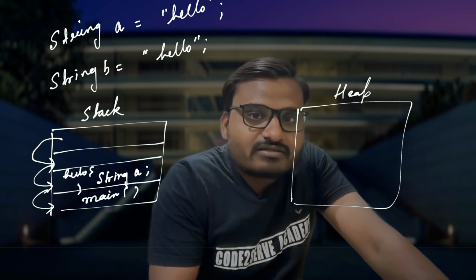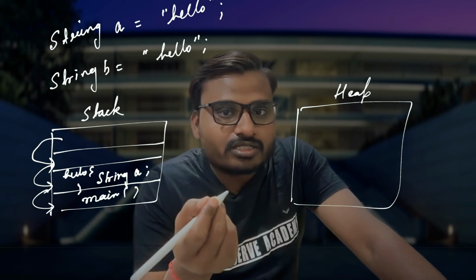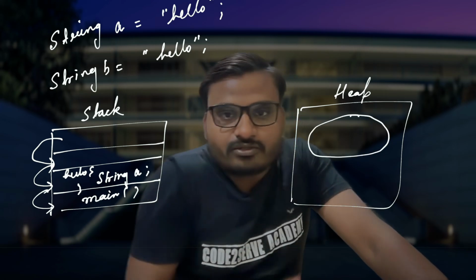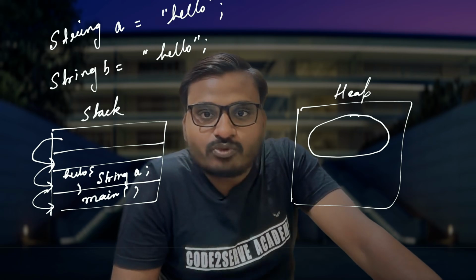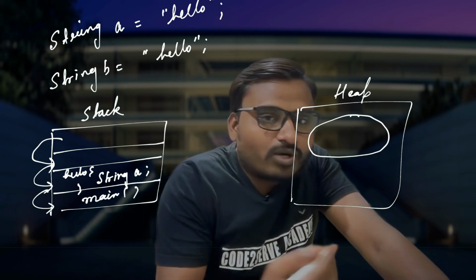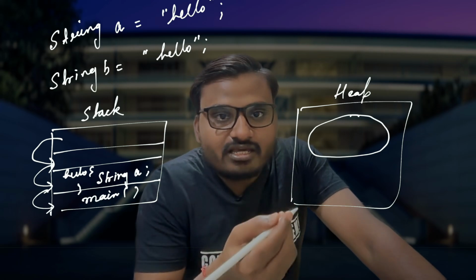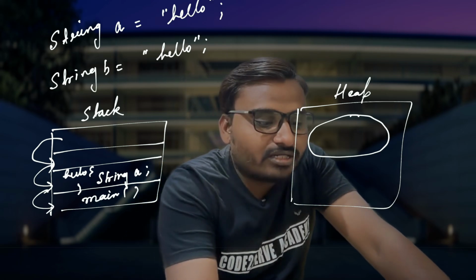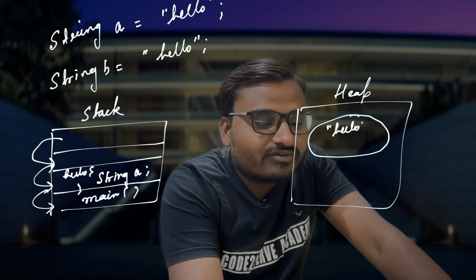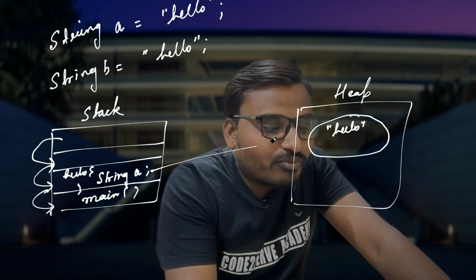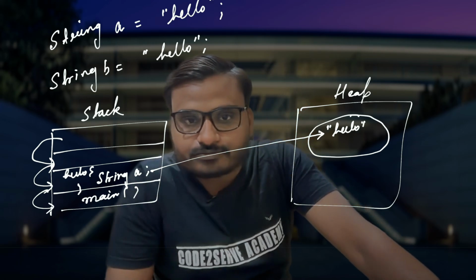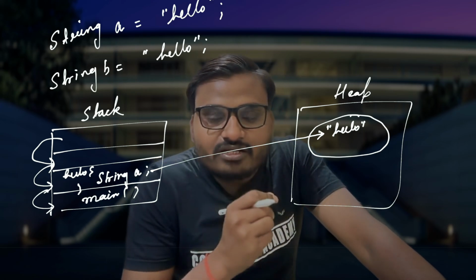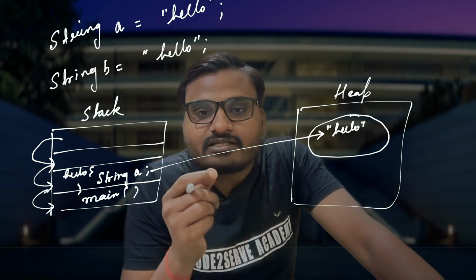So with this there is a string pool, and you can think of a string pool inside the heap. And what happens now, you are saying a, and a is storing hello. So inside the pool, it will store a and it will point to this hello. Okay, so the value that you have declared, hello, is present inside the string pool.